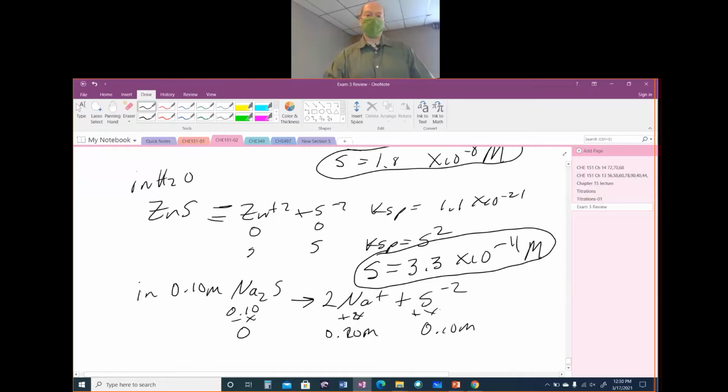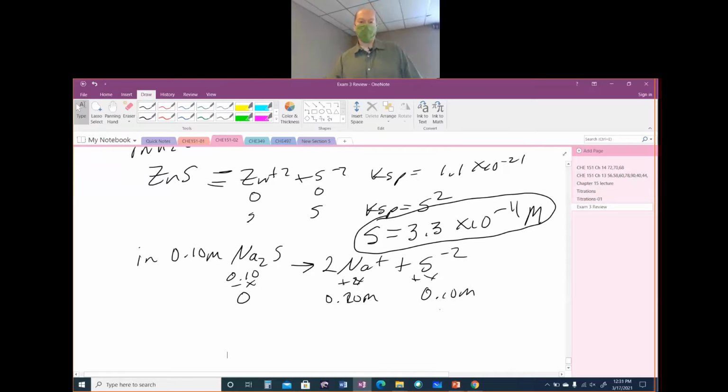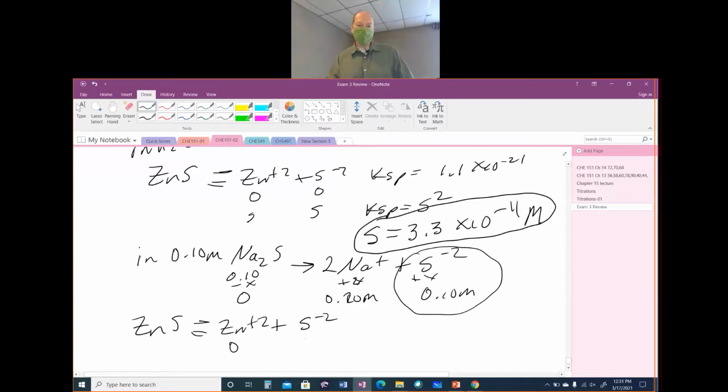All right, and so when you put that in Na2S and you write the same zinc sulfide and you're looking for your solubility, that zinc plus 2 and S minus 2 now are initial, 0 for the zinc plus 2. But now, since we are in 0.1 molar Na2S, we have 0.10 molar of my S minus 2.